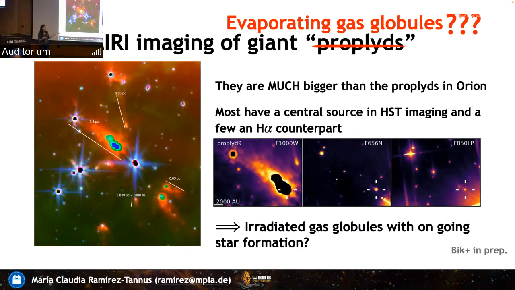So we are now working on trying to understand what these central sources are. I forgot to tell you, Orion has found more than 20 of these structures, and they are all different, and they are all exciting in some way. So we are working on trying to understand what they are and if their properties are related with the distance from the massive stars, for example.